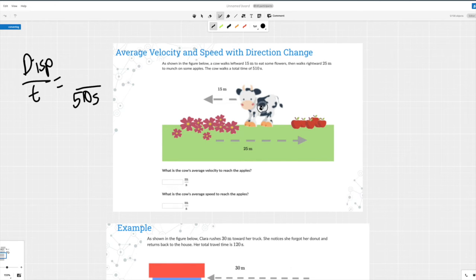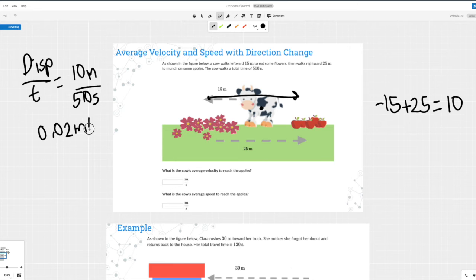So it starts over here, and then it goes 15 meters to the left, so that's negative 15. But then from here it goes 25 meters to the right, so that's an additional 25. That's going to give us 10. So we know that 10 meters, and if you calculate this, that should give you 0.02 meters per second.